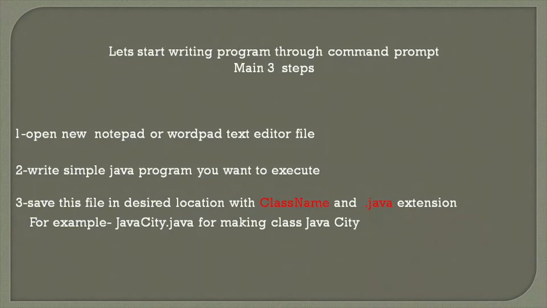extension. Here in our example, we have taken the name of a class as Java City. So we have to save it with javacity.java. So this is the way we will proceed for making the program and execute through command prompt. So let's go.